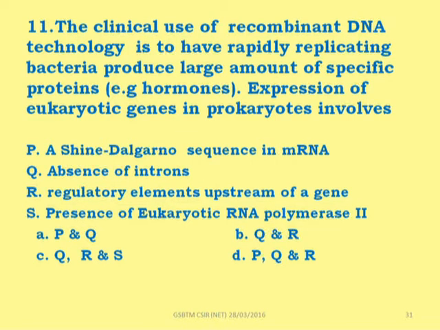You know, when recombinant DNA technology or genetic engineering was discovered, we got the idea to clone a specific gene that can be expressed in a prokaryotic host. But if we want to express a eukaryotic gene in prokaryotes, it must satisfy certain criteria, and one criterion is that it must have Shine-Dalgarno sequences and it must be fused with prokaryotic promoters.